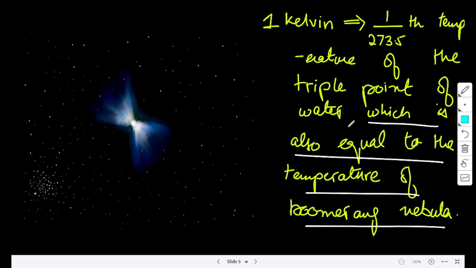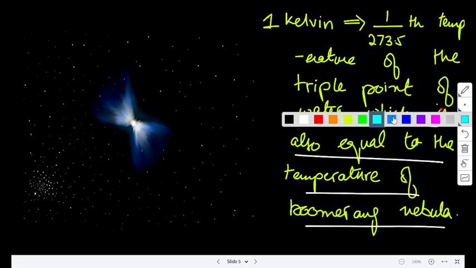This temperature is at a specific pressure. You don't have to learn the exact value of the pressure here, just understand what triple point means. Triple point means such a temperature at which steam, ice, and liquid water exist at equilibrium. The three exist together. Now, which is also equal to the temperature of the Boomerang Nebula.